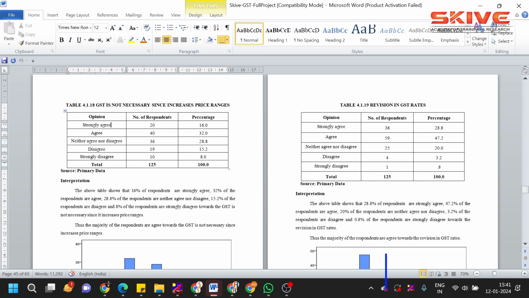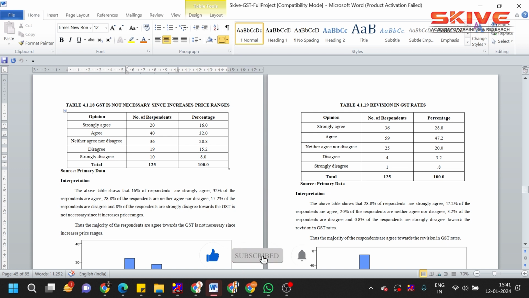Of the sample of 125 people, 20 people responded strongly agree that cost increased depending on GST, and 40 people agree. 36 people were neutral, 19 disagree, and 10 strongly disagree.